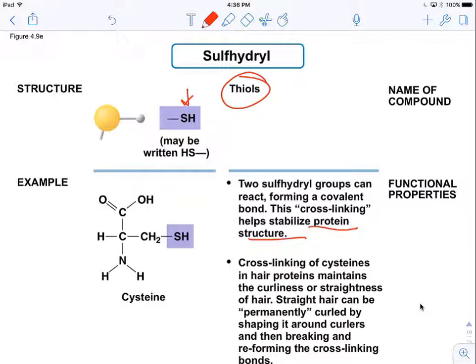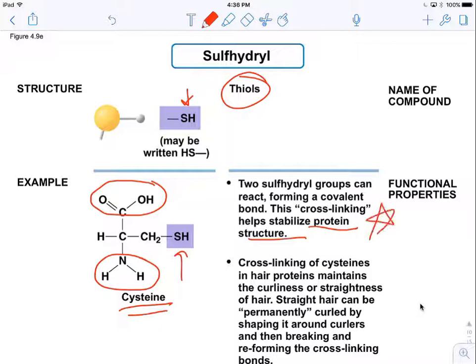You really don't care about that. But again, cysteine here is another amino acid. There's my amino group. There's my carboxylic acid group. And there's my sulfhydryl group. And so when a protein is folding up into the proper structure, that sulfhydryl group is going to play a big role in the higher order structure.